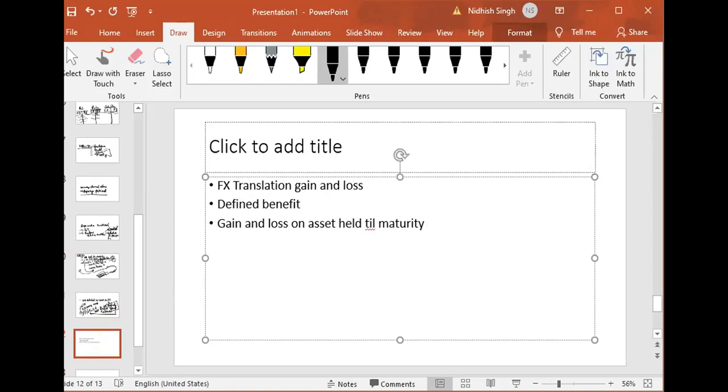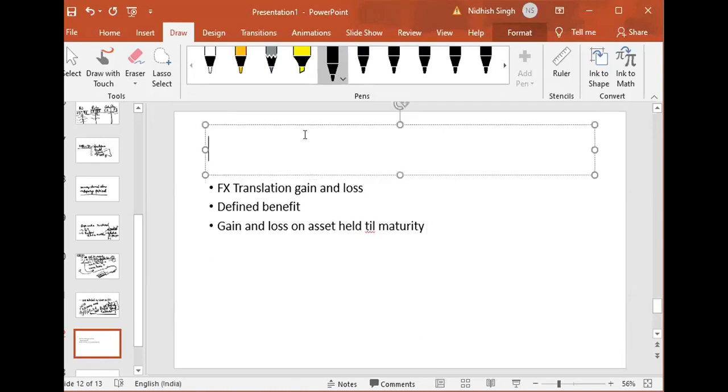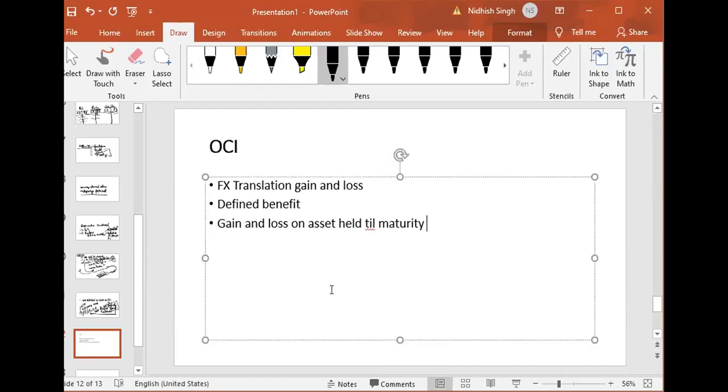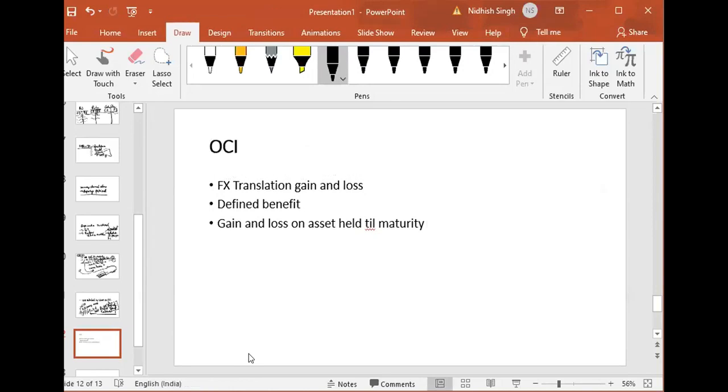Anything which is long term, anything that is not going to impact immediately, but still is a loss or gain for your organization, will go into OCI. This is how we categorize OCI. But in the P&L, it is important to have two separate places for this.